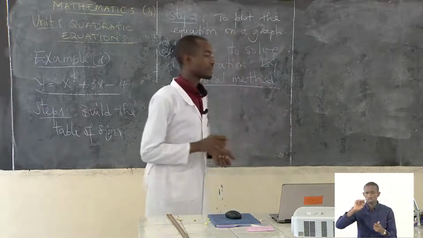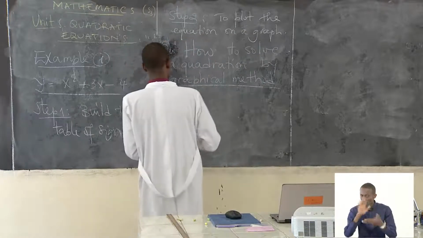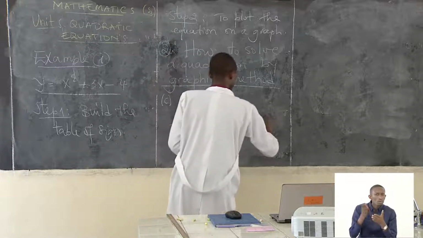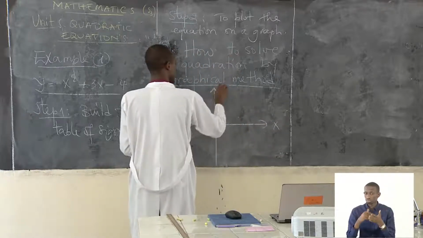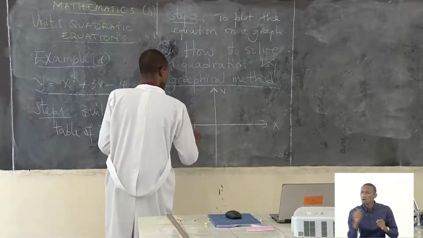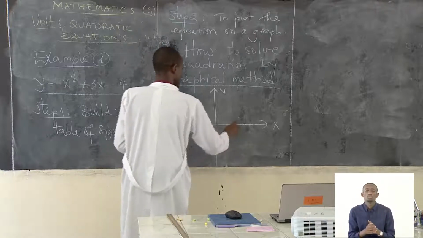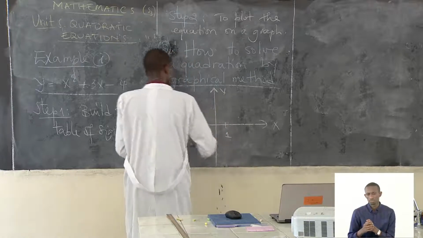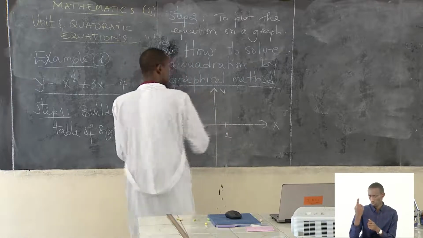As you remember, when you check on the graph that we had, our graph was like this. This one was x, and this one was y. And as you remember, we had point number 4, and also the point 1 over here. This was our graph.